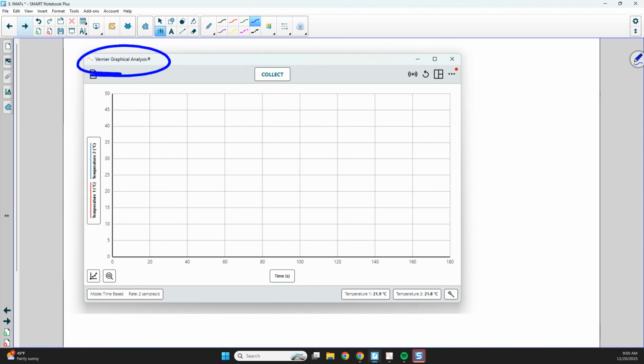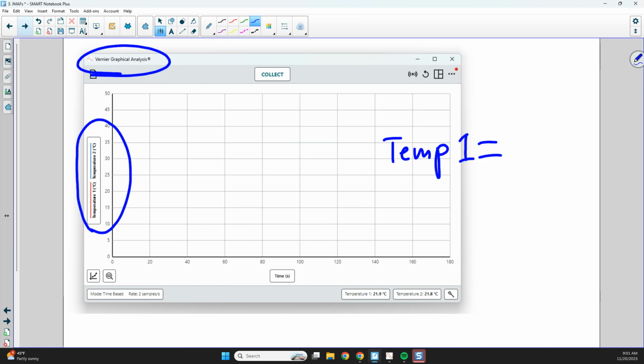So if you don't see it there, you may need to search for that. And you'll notice that there is a color for each temperature off to the left. Each time you run a trial, those colors are going to change. So we can't depend on the colors to identify the probe that we are using. So we have to identify what temperature 1 is.